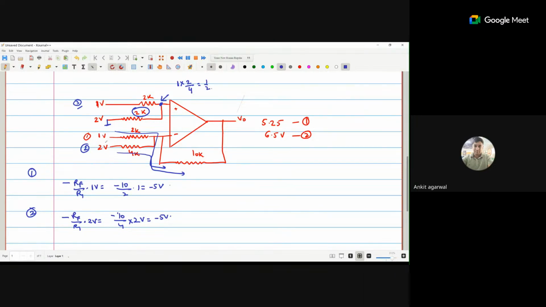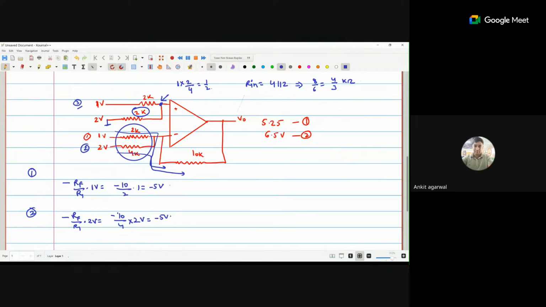Now Rn is also the parallel combination of these two. So Rn is what? 4 parallel with 2. So that is 8 divided by 6, or 4 by 3 kilo.